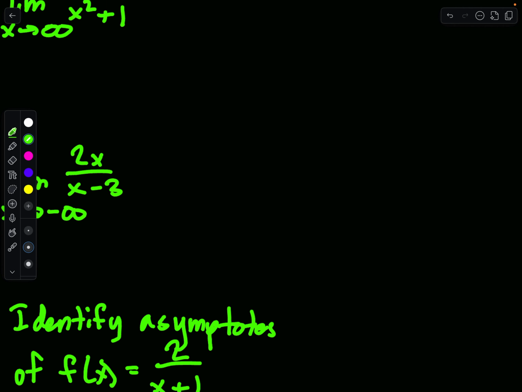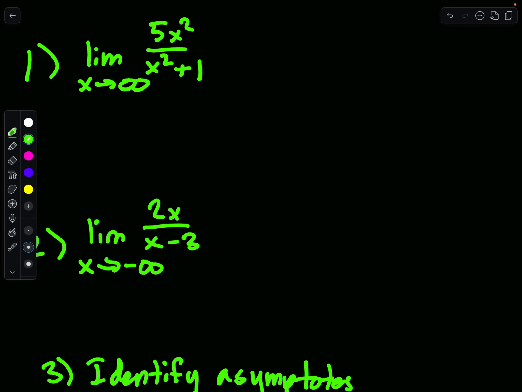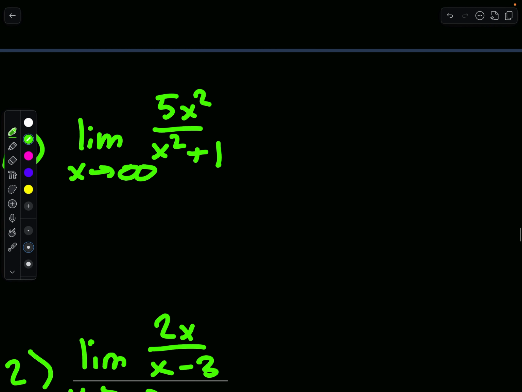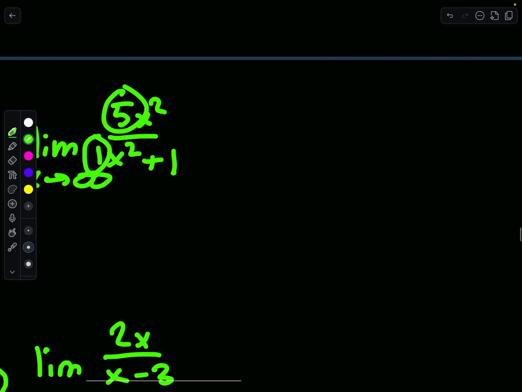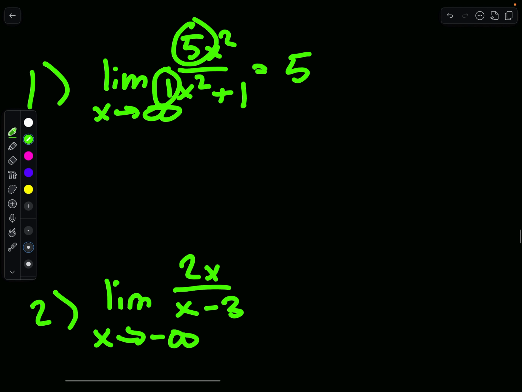Welcome back. Now we are going to go through these together. So here we can look at the coefficients 5 and 1. This simplifies to 5. That's the quick way of doing it.